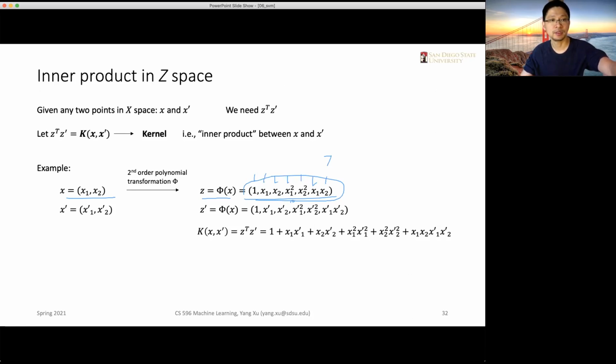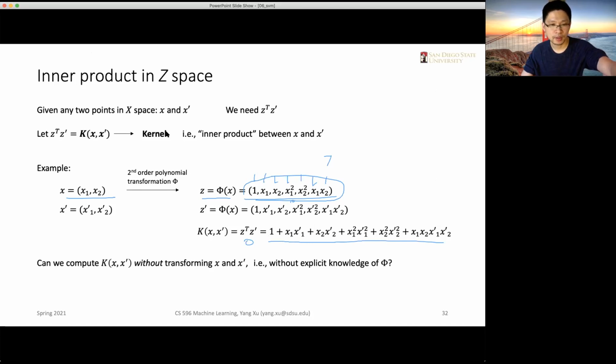The kernel function is a summation of all these terms, right? It's the inner product in Z space. Actually we can compute the kernels without transforming X and X prime, without knowing what kind of polynomial or other transformation phi is.